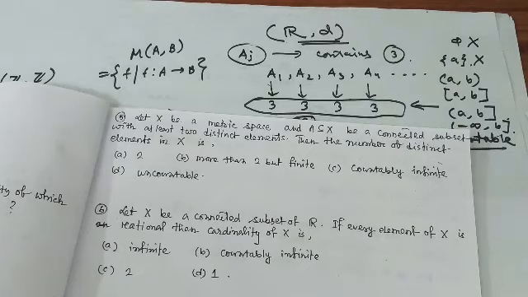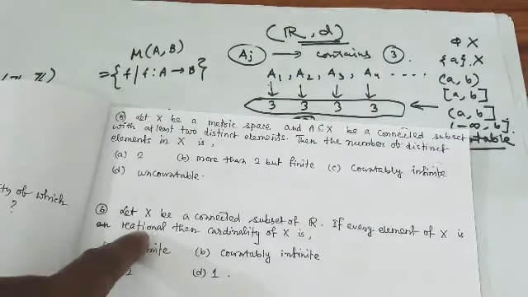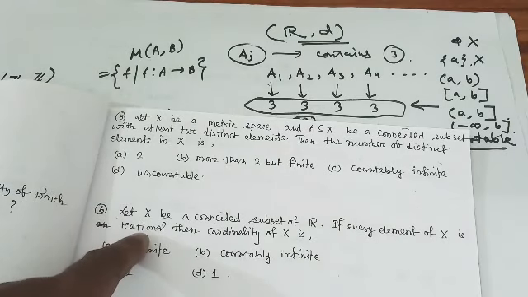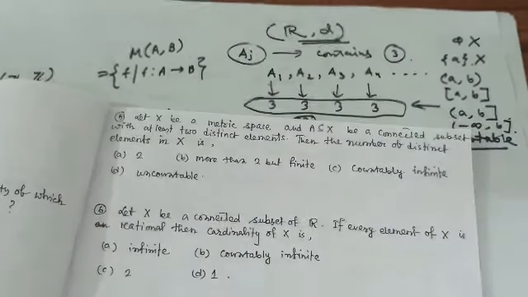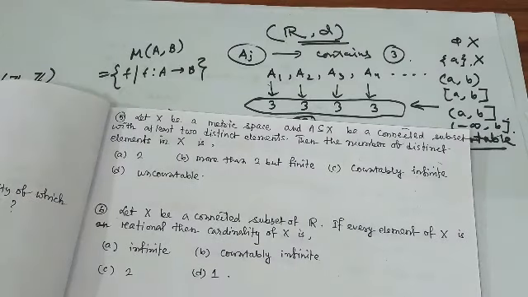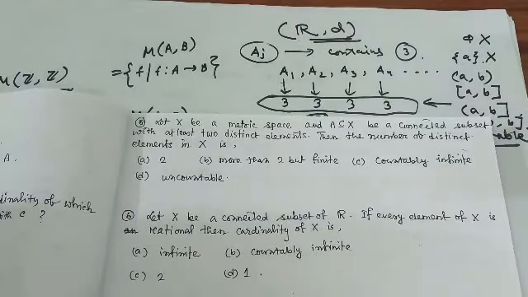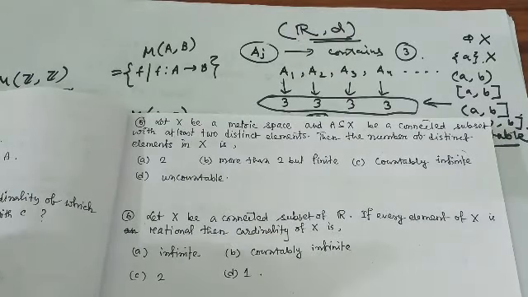These are the subsets of R. In fact, they are giving that every element of X is a rational number. So just think about it and solve it. If you are not able to, also write it in the comment box, so that in a subsequent video I will provide the solution as well.